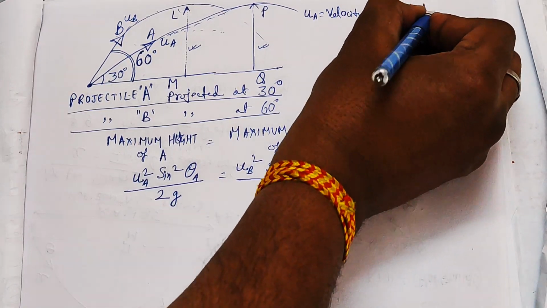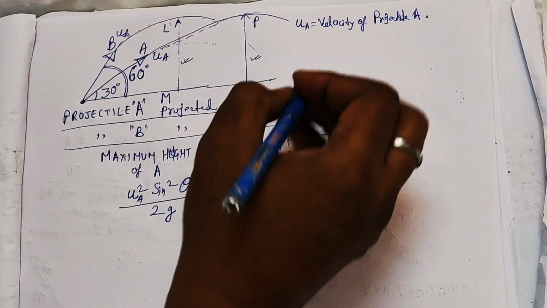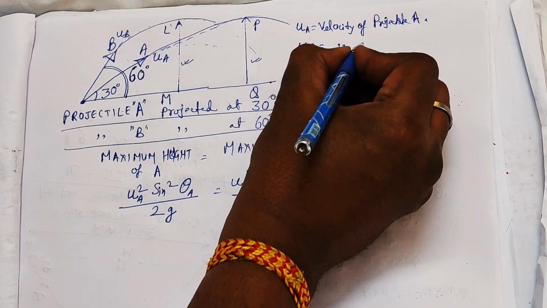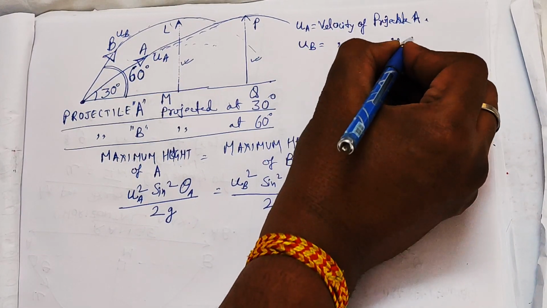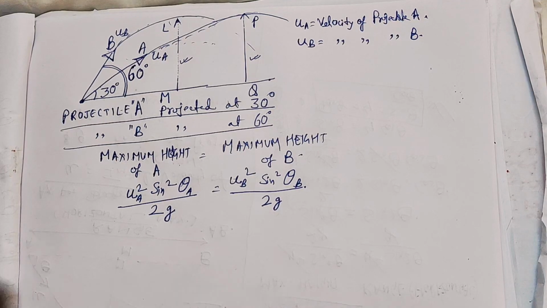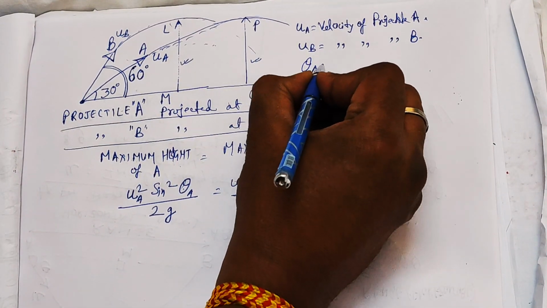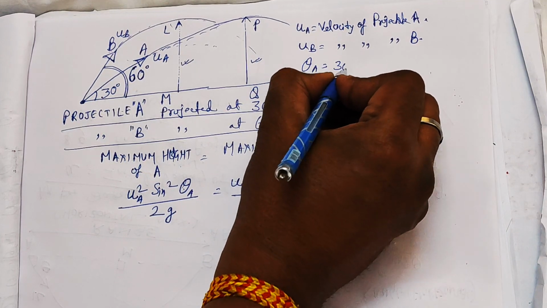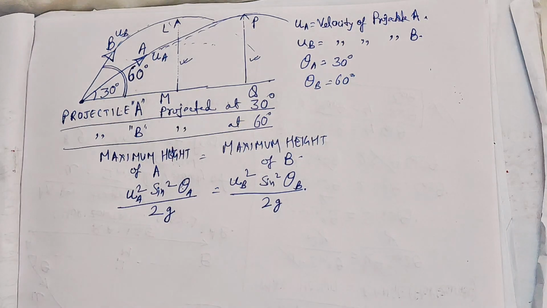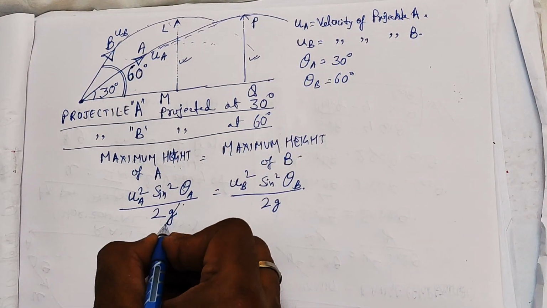where uA is the velocity of projectile A, and uB is the initial velocity of projection of projectile B, right? Now theta A and theta B, what are those? Theta A is the angle of projection of projectile A, whose value is known to us, that is 30 degree, and the angle of projection of projectile B, that is theta B, is given in the question as 60 degree.